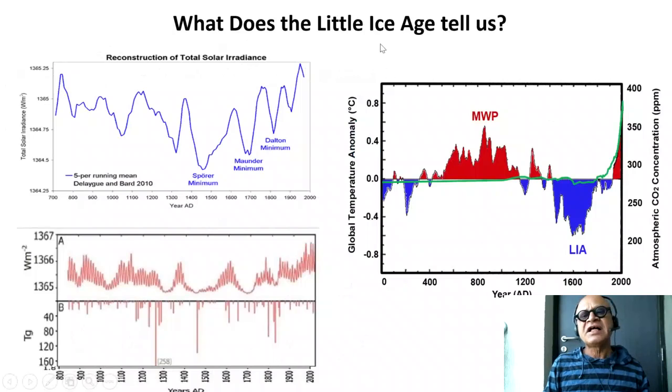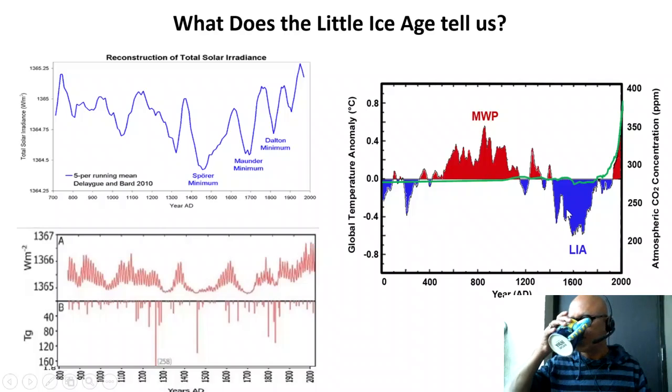There has been a Little Ice Age in the 16th, 17th century that ended during the beginning of the Industrial Revolution, going from medieval warm period to the Little Ice Age.